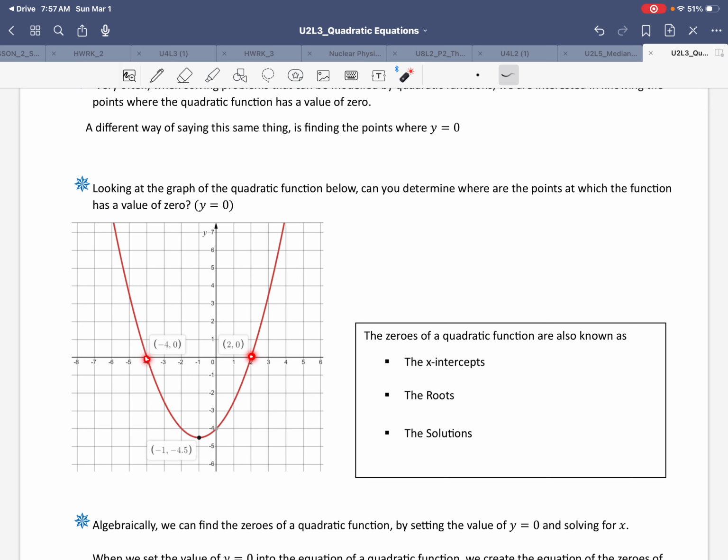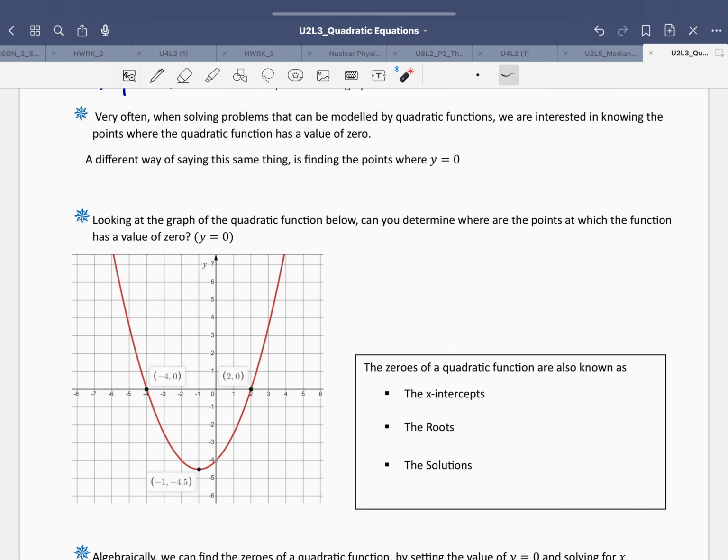The zeros of a quadratic function mean where the y value of the quadratic function is going to be 0, or when ax squared plus bx plus c is going to be equal to 0. So ax squared plus bx plus c is 0 where y equals 0, and y is equal to 0 at the x-intercepts of the graph of a quadratic function.